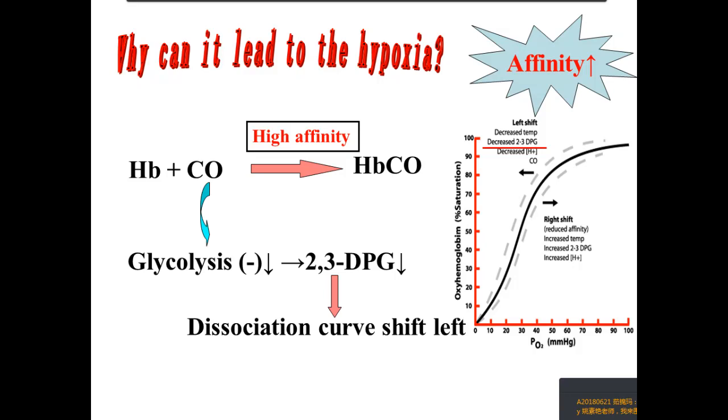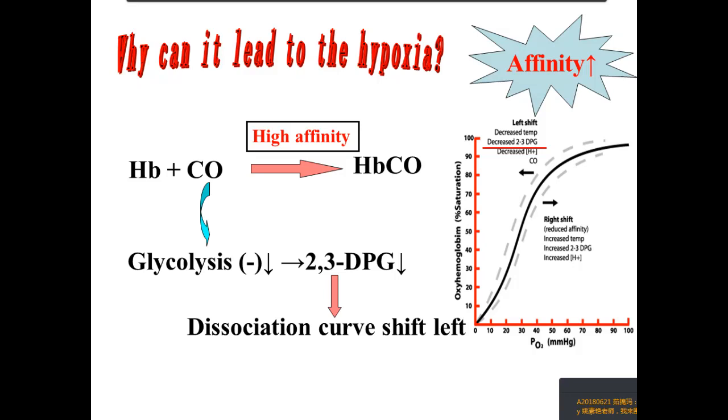First, carbon monoxide and hemoglobin form carboxyhemoglobin. Carboxyhemoglobin liberates very slowly. The affinity of hemoglobin for carbon monoxide is more than for oxygen. So hemoglobin carrying oxygen decreases, the oxygen supply decreases, and hypoxia happens.